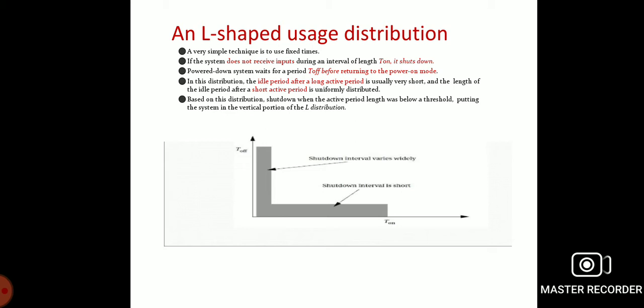So the power shutdown waits for a period T before returning to the power-on mode. In this distribution, the idle period after a long active period is usually very short, and the length of the idle period after a short active period is uniformly distributed.